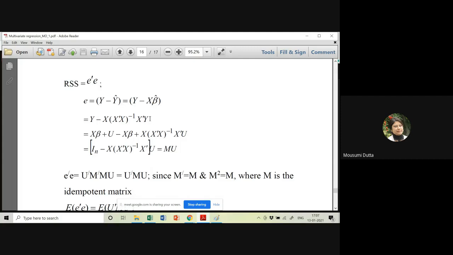And there is another term, u. If you multiply u with this, you are getting x, x prime x inverse, x prime u. So are you getting x beta when you multiply x, x prime x inverse x prime with x beta? Are you getting back x beta only?